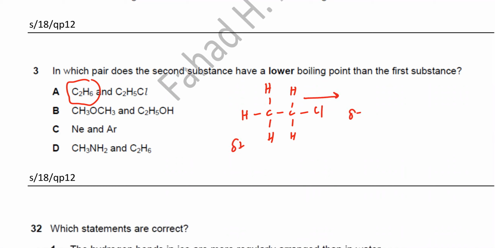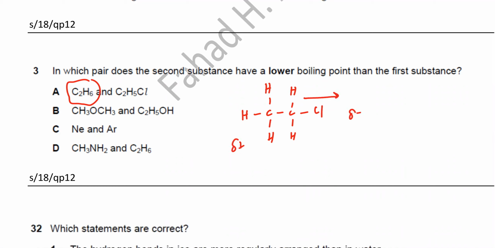Is this idea clear? Yes, sir. So the permanent dipole is going to be stronger. And similarly in the second one, you've got OH over here. Remember I told you that when you have OH, that's hydrogen bonding. Hydrogen bonding is really strong. Is this clear as well?